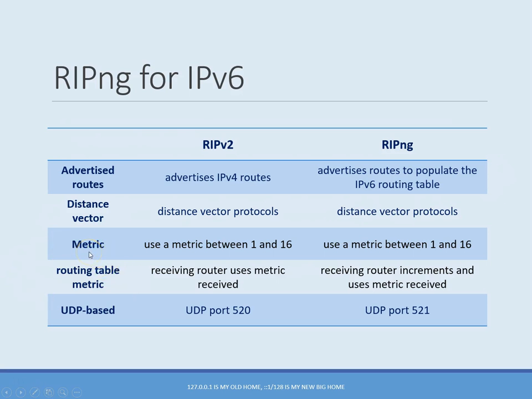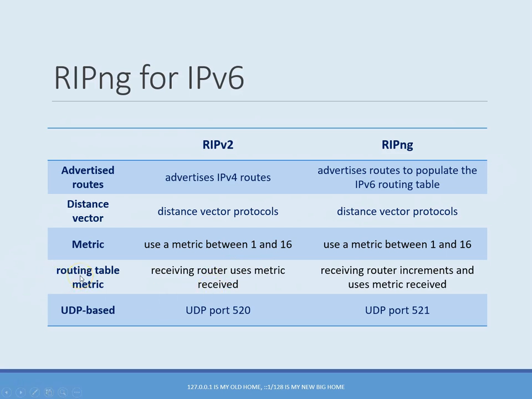In terms of the metric used, RIPv2 and RIPng both use a metric between 1 and 16, representing the hop count. As we said, hop count means the number of routers to reach the destination. We call it hop count. And the maximum hop count is 15.